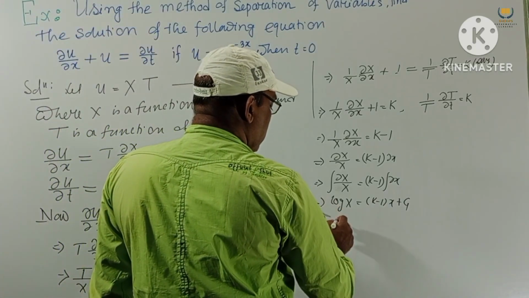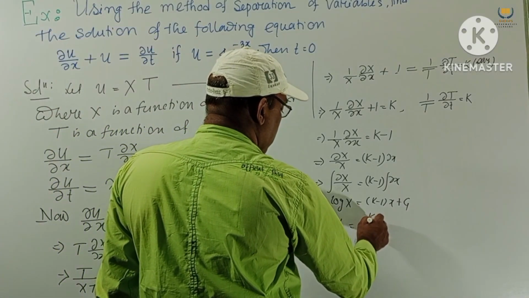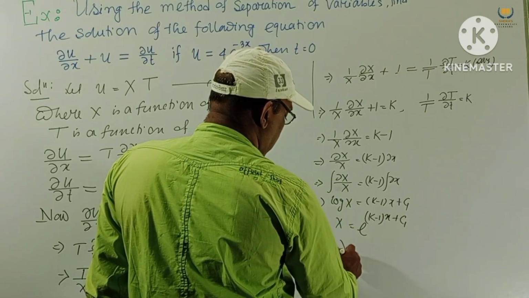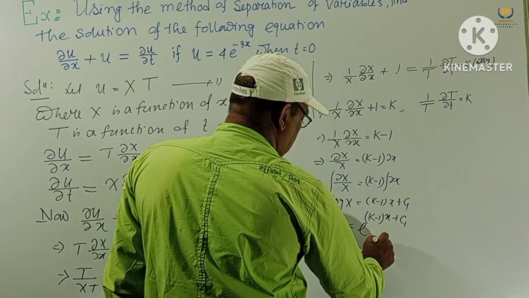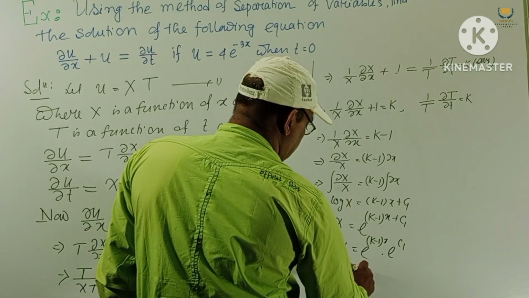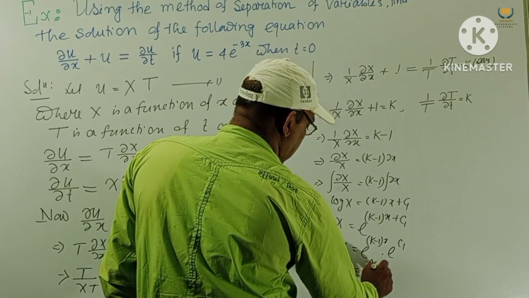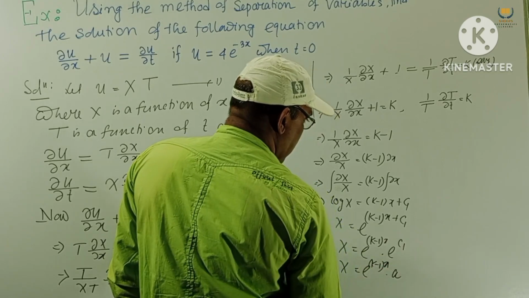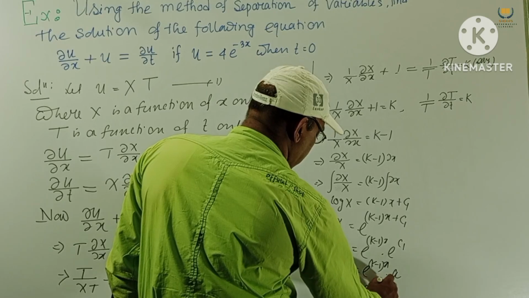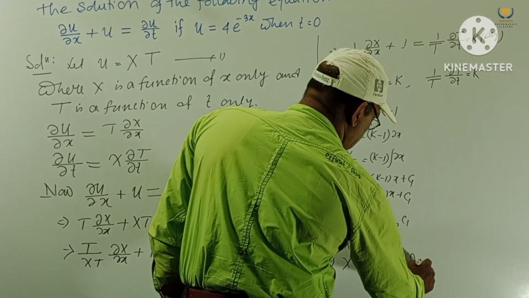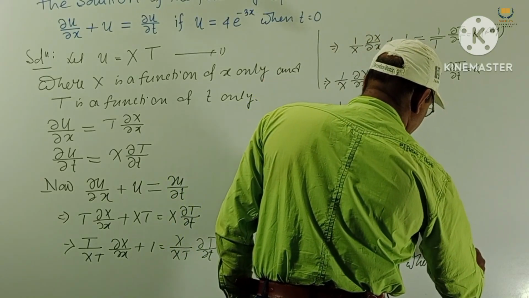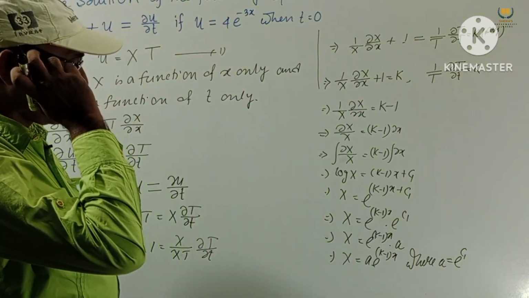And if we remove log, then X = e^((k-1)x + c1). This implies X = e^((k-1)x) e^(c1). Suppose a, then X = a e^((k-1)x), where a = e^(c1).